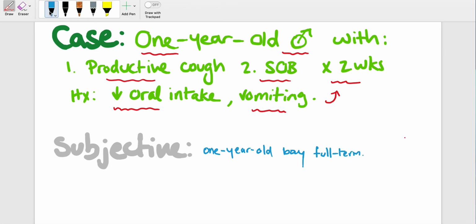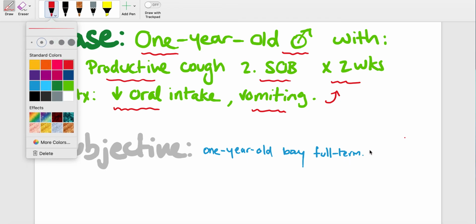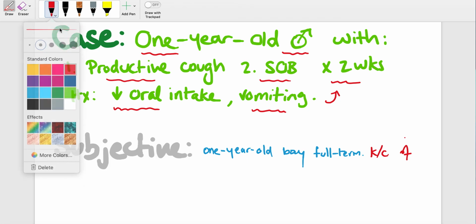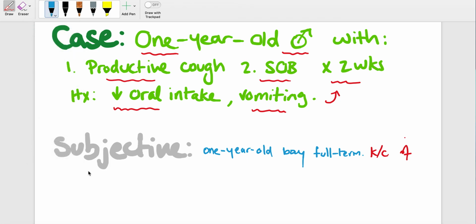Then there is a common word to use, which is known case. Known case of, we said, Down syndrome, congenital heart disease. I better write the disease fully, so it can't be mistaken. So Down syndrome, congenital heart disease.